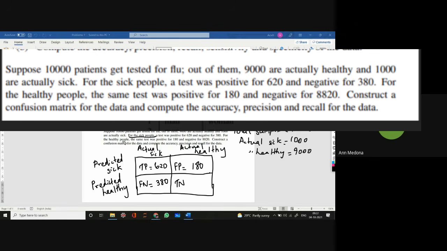Again, for healthy people, negative is 8820. So actually healthy and predicted healthy, negative means predicted healthy. That value is equal to 8820. If you add these both values, you will get 9000. So we got the values for true positive, false negative, and true negative. Now you want to calculate the accuracy, precision, and recall.